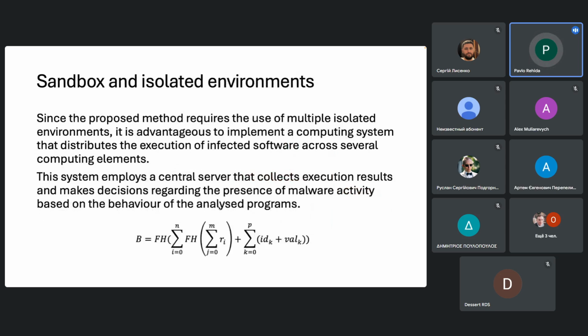Since the proposed method requires the use of multiple isolated environments, it is advantageous to implement a computing system that distributes the execution of infected software across several computing elements. This system employs a central server that collects execution results and makes decisions regarding the presence of malware activity based on the behavior of the analyzed programs.